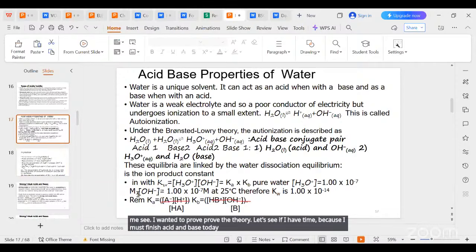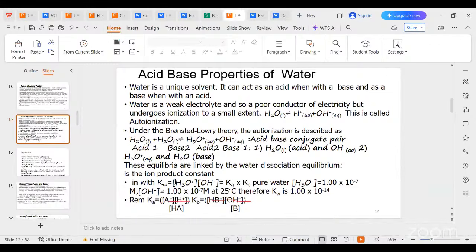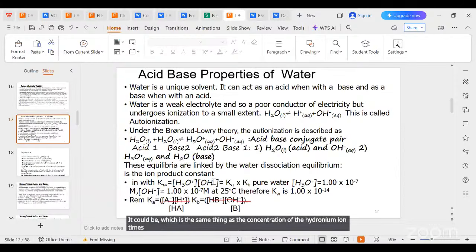But you just need to know that Kw, the equilibrium constant for water's autoionization, can be given as Ka times Kb, which is the same thing as the concentration of the hydronium ion times the concentration of the OH minus ion.